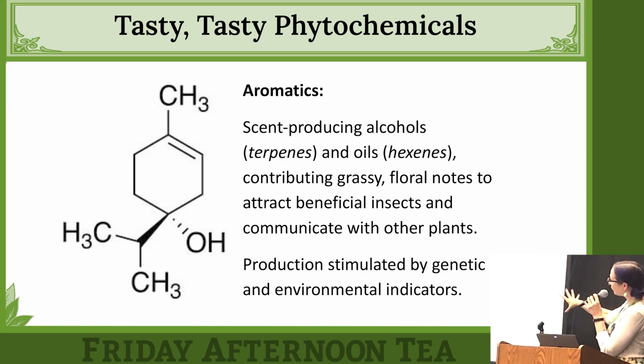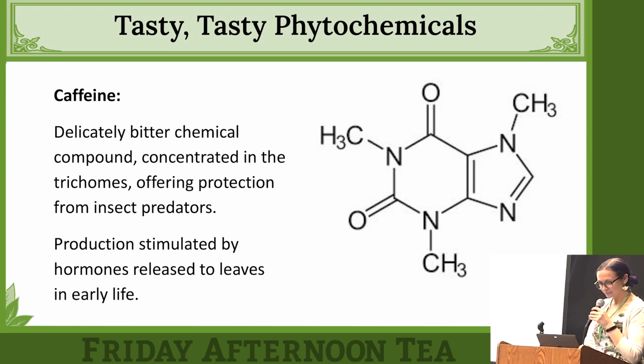The aromatic composition is a huge part of why Taiwan has a database of patented genetic codes, because we're breeding for super specific qualities here, a certain ratio of our terpenes and hexenes to give a certain aroma, so that when you're drinking, say, a magnolia blossom oolong, you know what that's going to smell like, because that's been genetically predetermined in a lab. Yes, by beautiful, brilliant scientists that have figured out how to make tea smell and taste the way it does. So I love them for that. So that's our aromatics. All right.